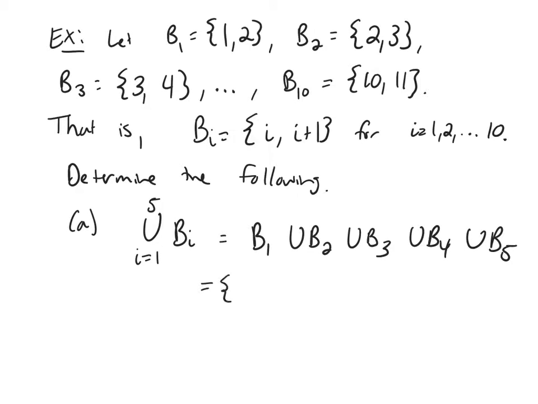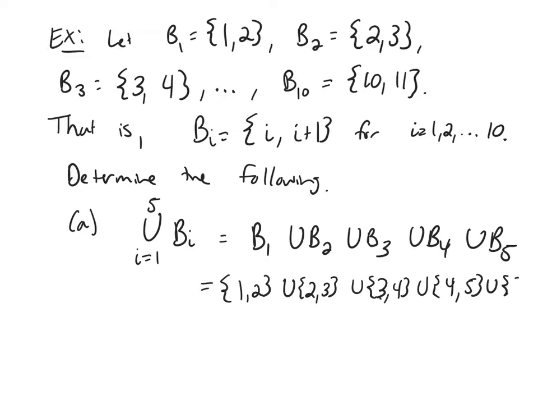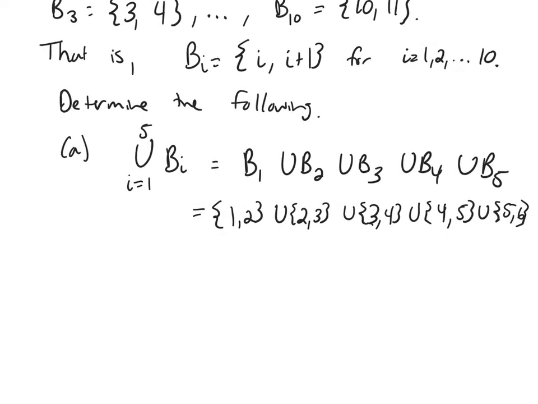So I'm taking the union of the sets {1, 2}, {2, 3}, {3, 4}, {4, 5}, and {5, 6}. So you're taking the union of all these sets together. You're going to take any element that was in any of these sets. So you get 1, 2, 3, 4, 5, and 6.